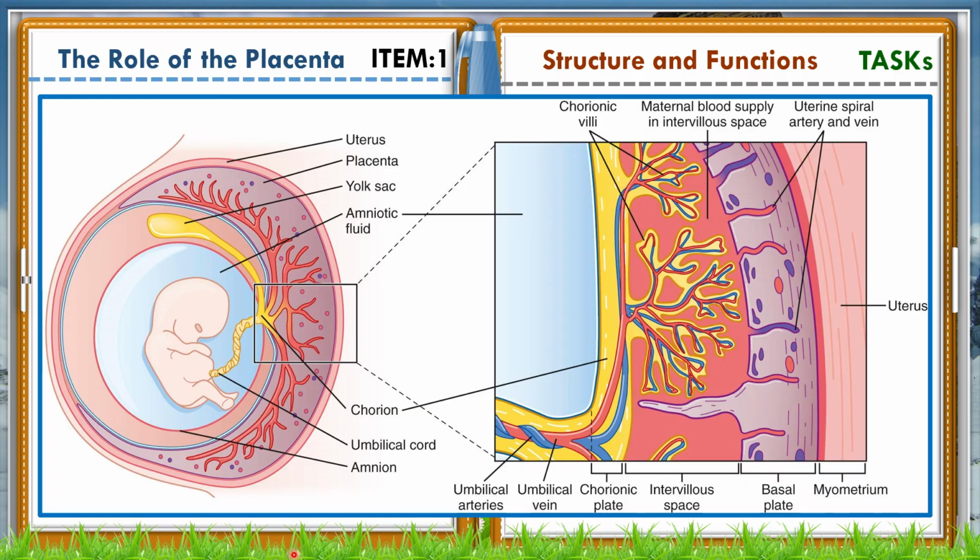I want us to look at the placenta very closely. In the uterus, we develop what we call a placenta. On the lining of the uterus, we have said it is an organ which develops only during pregnancy. So this organ which you see here, it is in the uterus.